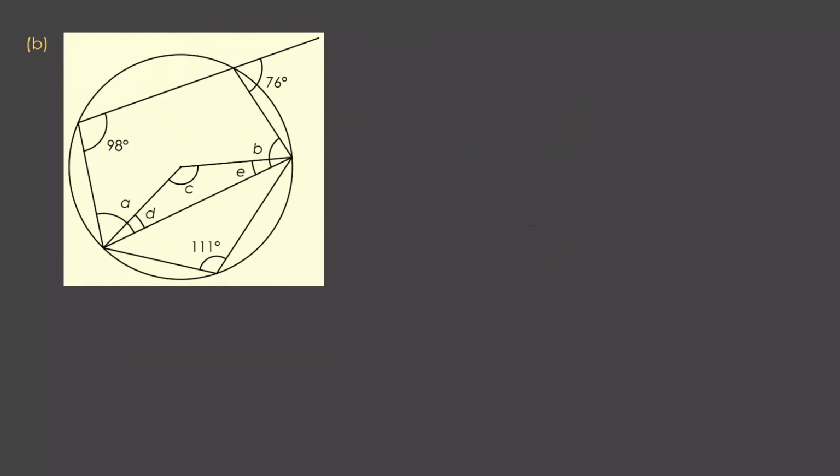Now this diagram looks very confusing. So we're going to go one step at a time and we're going to try and look at everything carefully. One thing I can spot here is that I do have a cyclic quadrilateral.